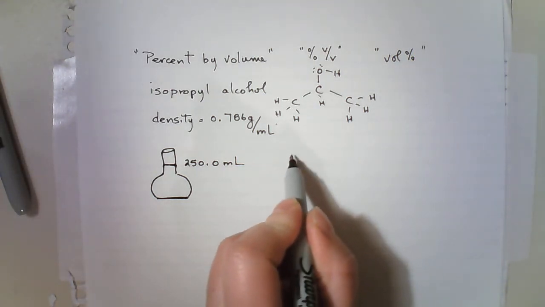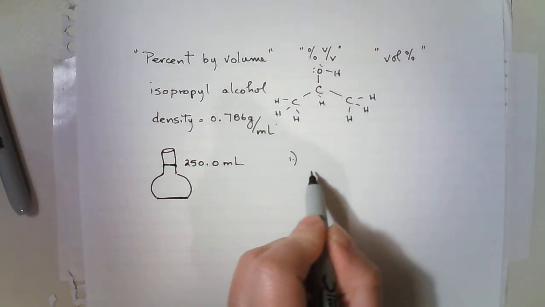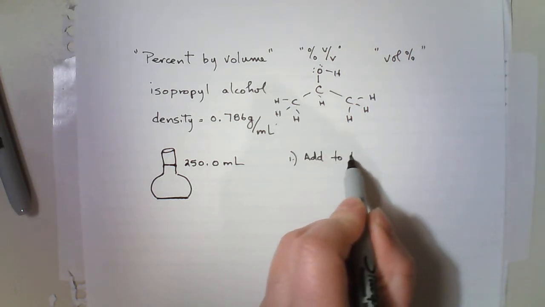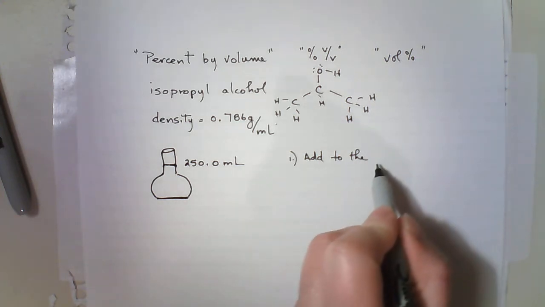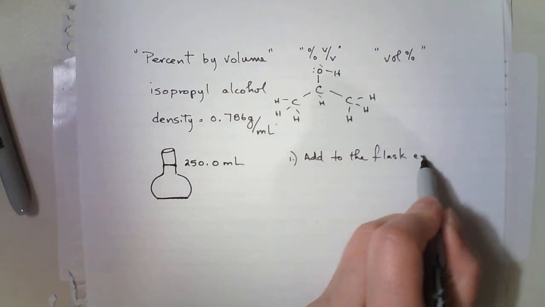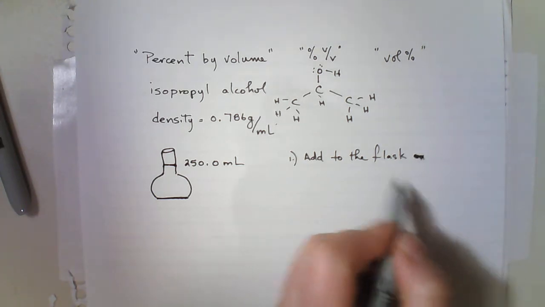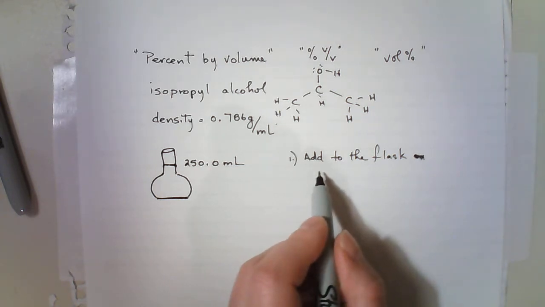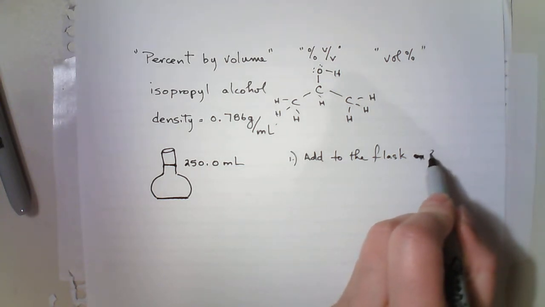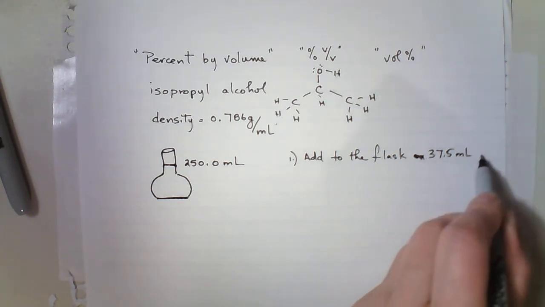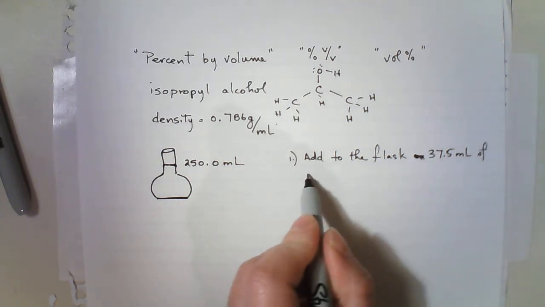So I'm going to do a procedure, and the first thing I do is to add to this flask 37.5 milliliters of the isopropyl alcohol.